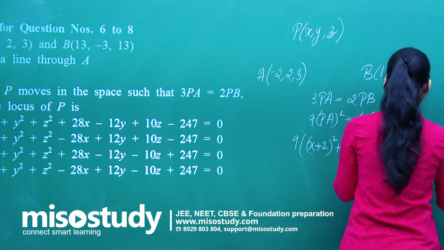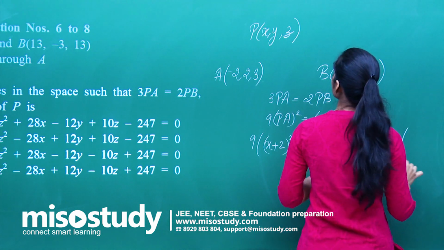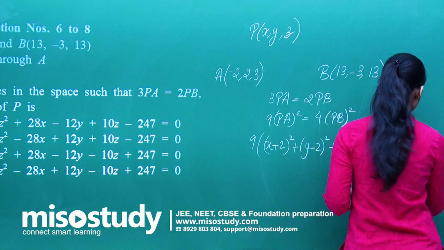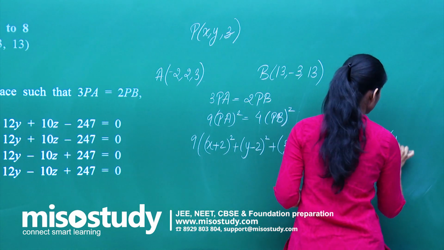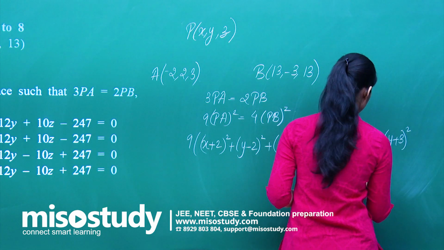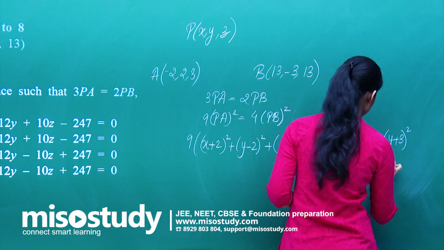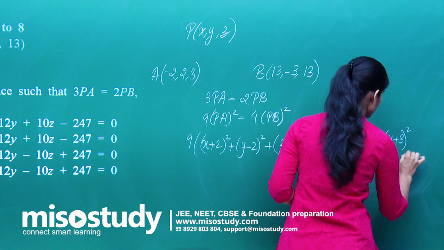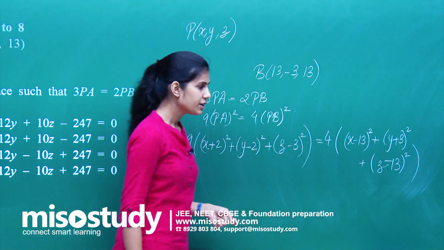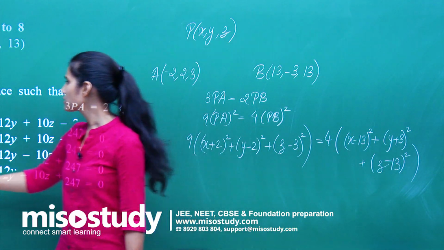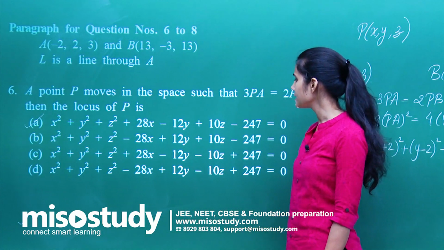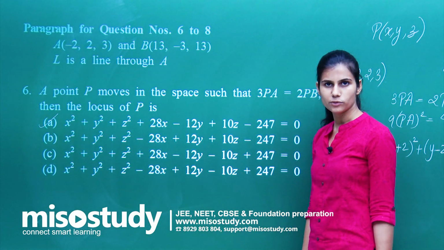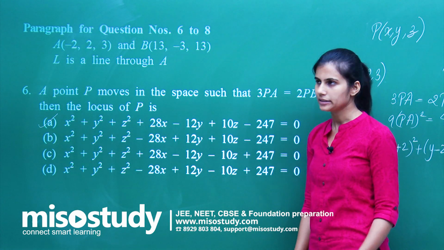Then from here you have 4 times PB. So basically you get x minus 13 square plus y plus 3 square plus z minus 13 square. When you resolve this, you basically get x square plus y square plus z square plus 28x minus 12y plus 10z minus 247 equals 0 as the locus of point P.